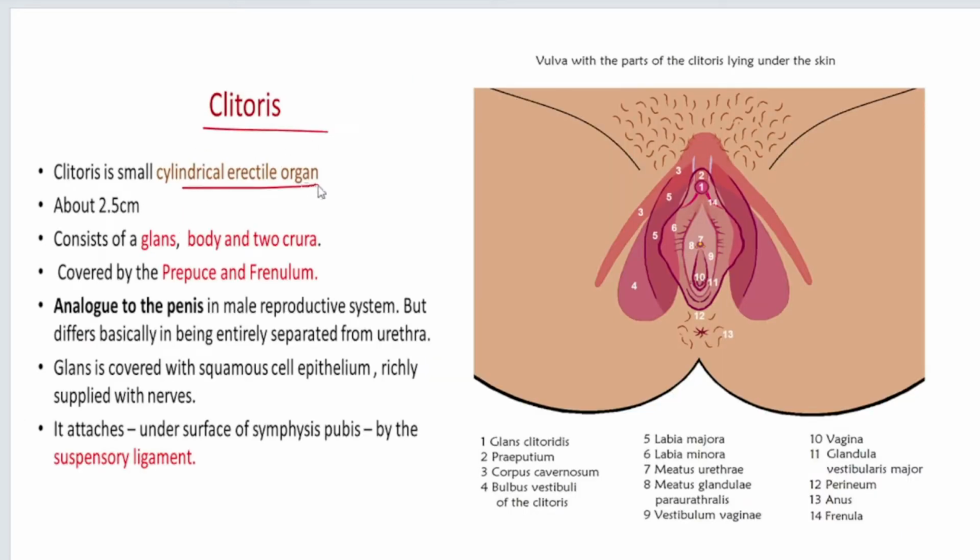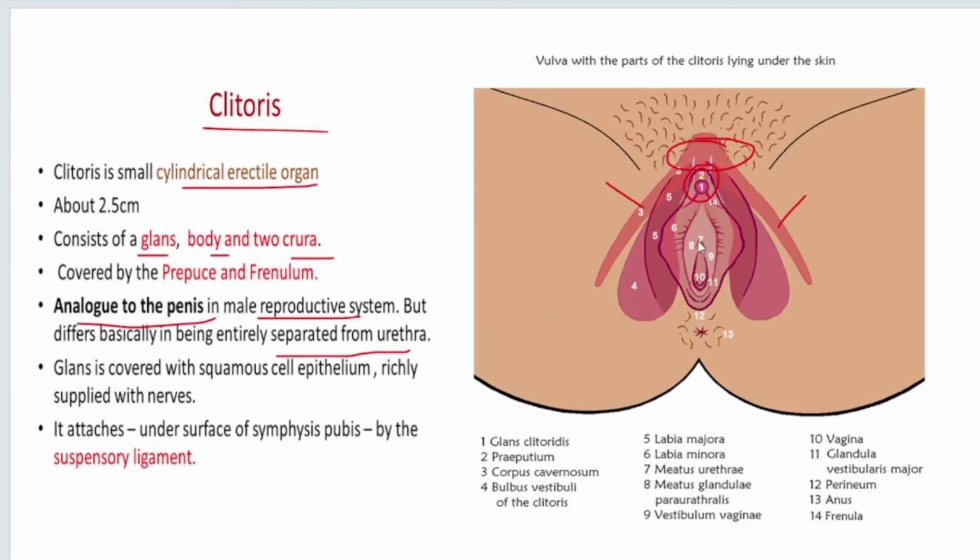The next part is the clitoris. It is a cylindrical, erectile organ of the female. It consists of a glans, a body and two crura. In the picture you can see this is the glans, this is the body, and these are the two crura. This clitoris is analogous to the penis of the male reproductive system. It differs from the penis in being entirely separate from the urethra.